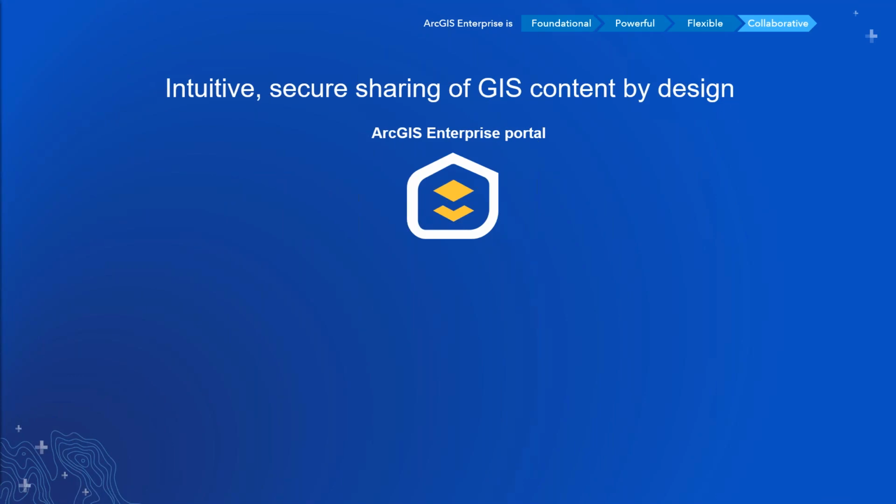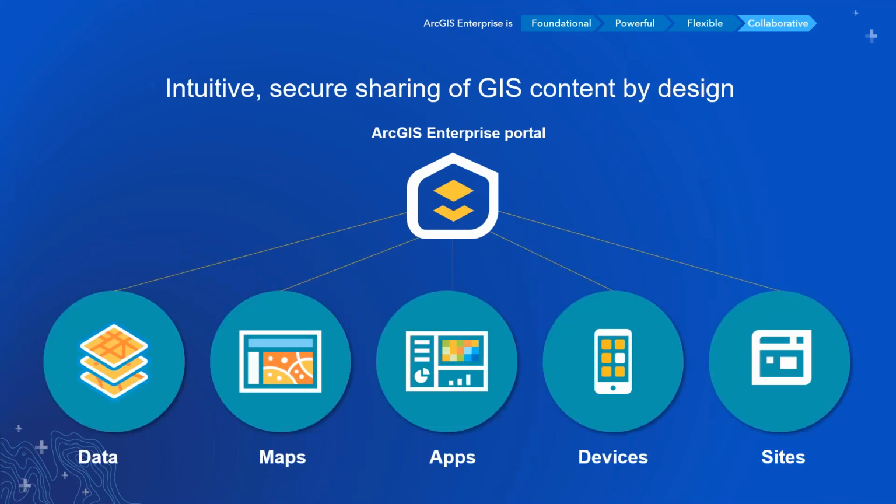The ArcGIS Enterprise portal has the ability to share content like data, maps, and apps to multiple devices and sites. You create groups of users in the portal and give them access that others don't need, right? So by using group-based management, we can secure content and those items in the portal.